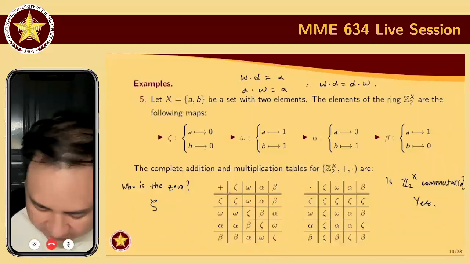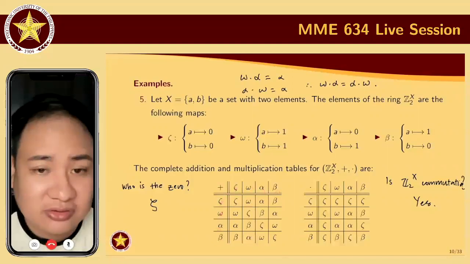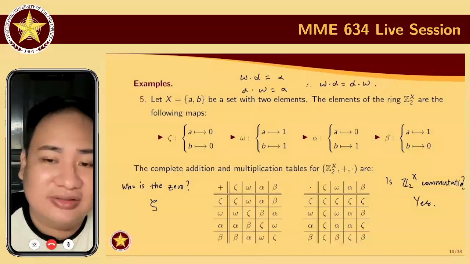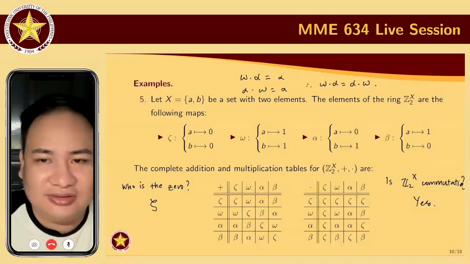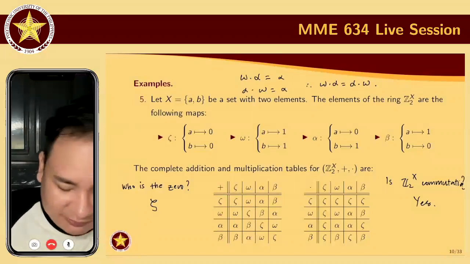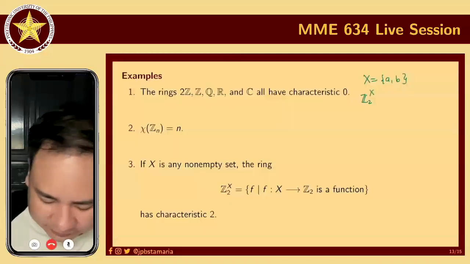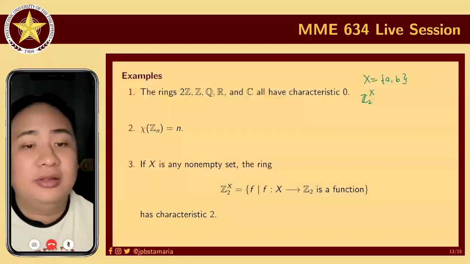It meant to say na pag yung elements inadd mo sa sarili niya, nagiging 0. So, ang characteristic ay 2, kasi you only need 2 times para maging 0 yung sum. Did you understand? Okay, so ito yung may characteristic na 2.